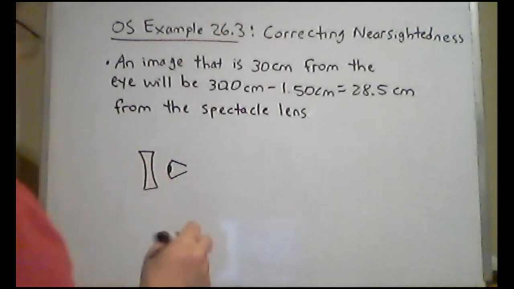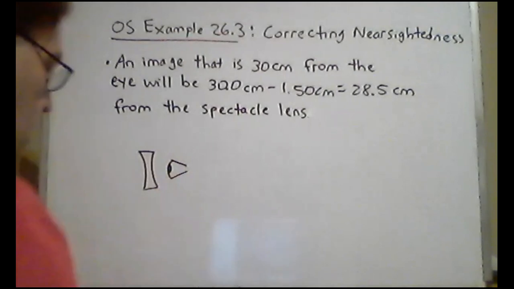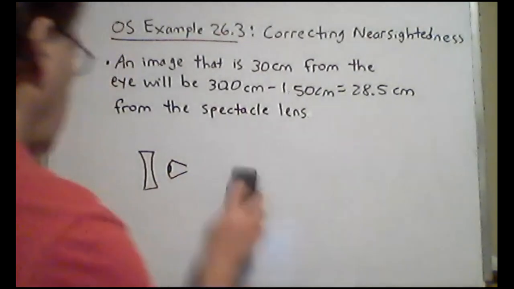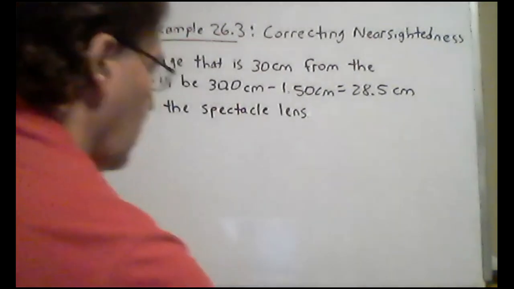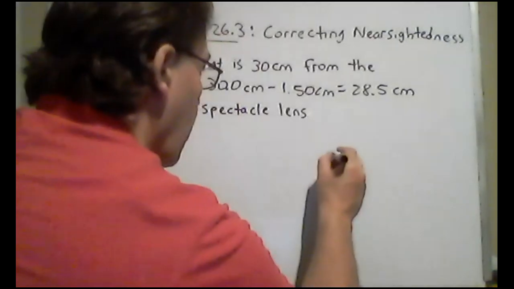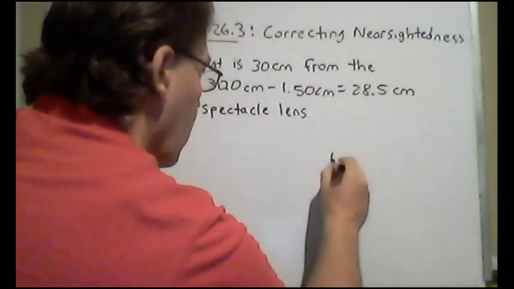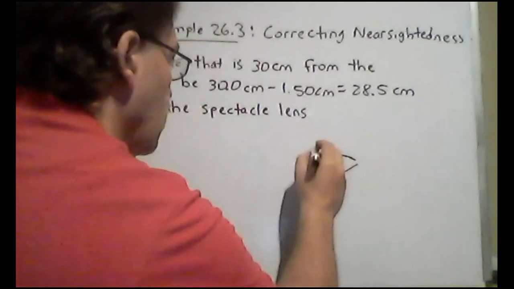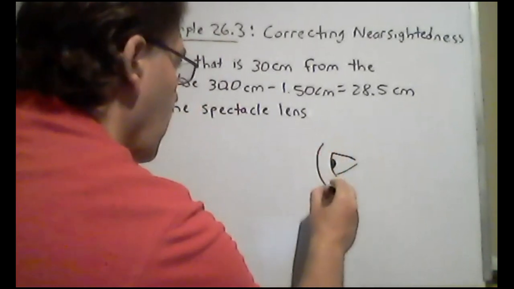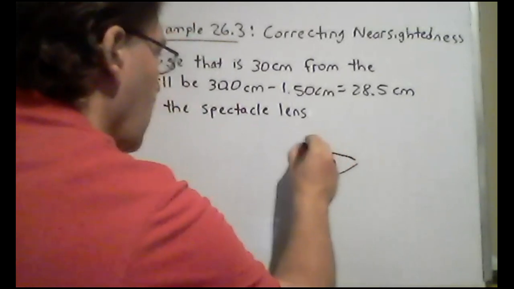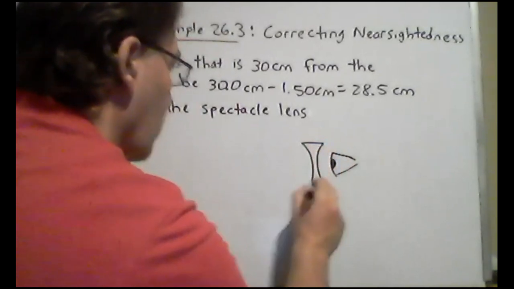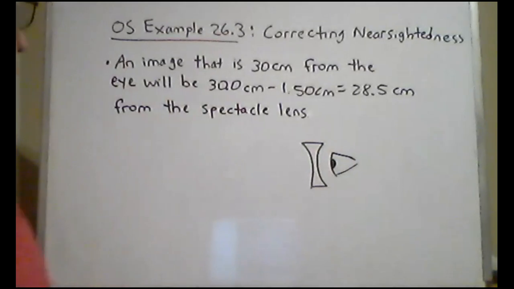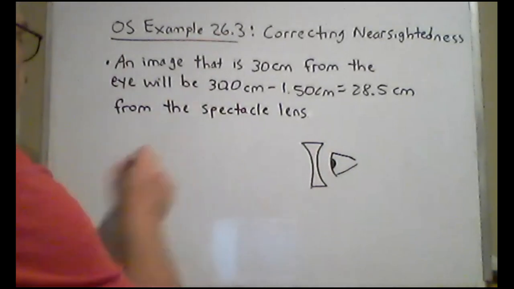Let me try to do a better job of drawing this. So you have the eyeball, and you have the spectacle lens. And we really want to see something that's off at infinity.